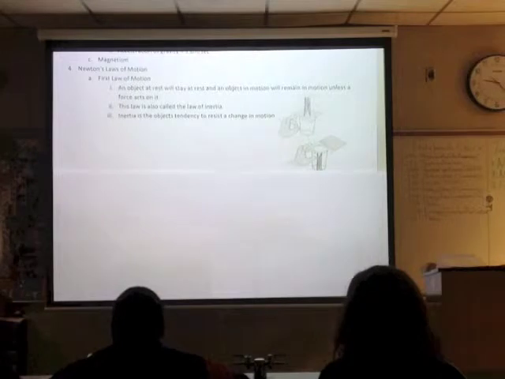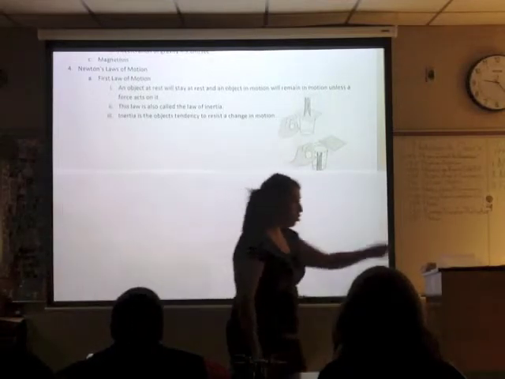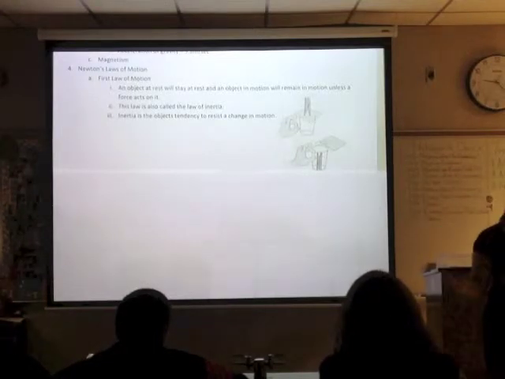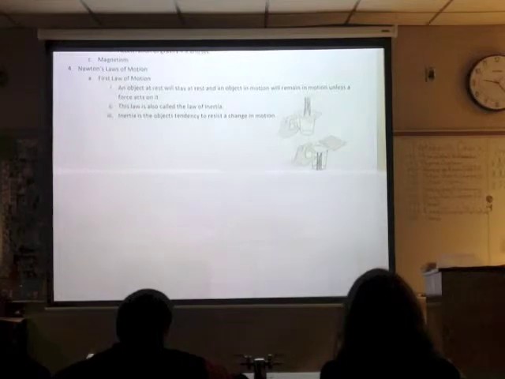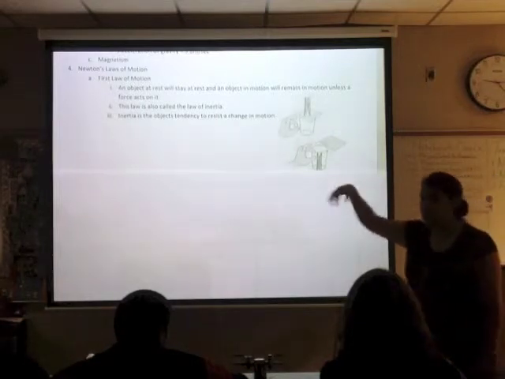If it goes in a straight line forever, eventually it would get close to a planet, a star, an asteroid, anything that has gravity, and it's going to be pulled in. But until that point, it's going to go in a straight line at the same exact speed forever and ever until it reaches another force.